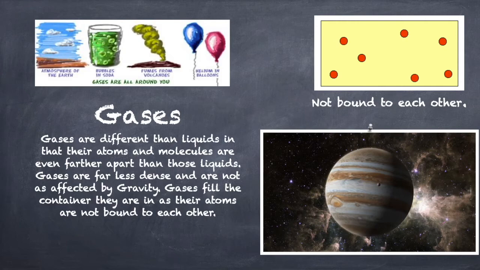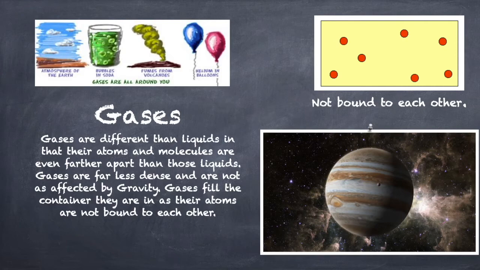So normally if you put them in a container, they'll fill up the entire container. They just go everywhere around in the container. This is very different to liquids that fill up a certain set part of it; it'll sit at the bottom, right? The gas will go everywhere inside the container. Now, even in our book, it actually says that gravity does not affect gases, which is not really true.